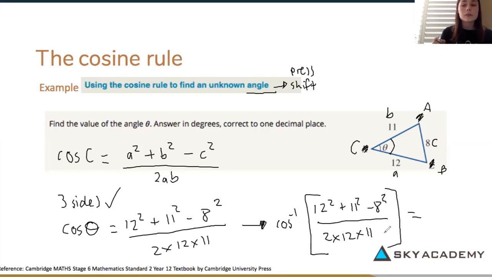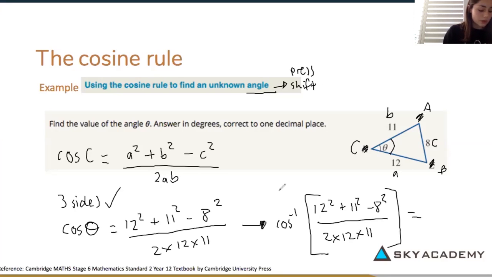You have to remember to press shift cos, otherwise you won't get an answer. We have to press shift because we're going from 3 side values to an angle value, and so they're different. So you need to press shift to transform the side values into an angle value.